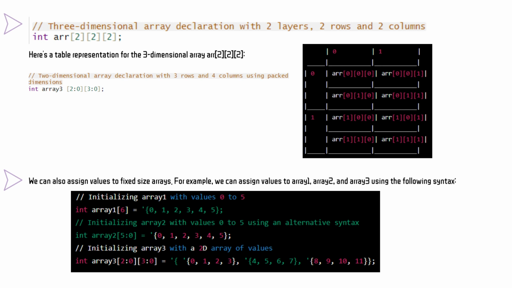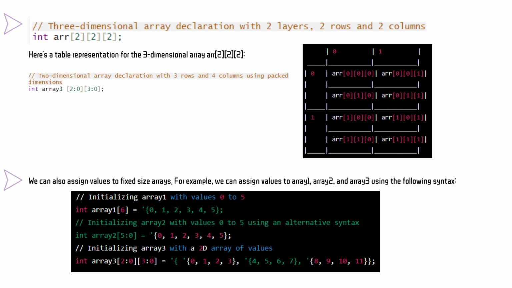It is being initialized with values 0 to 5 using the compact declaration syntax. The second array, array2, is also a single-dimensional array with a size of 6 elements. It is being initialized with the same values using the verbose declaration syntax.